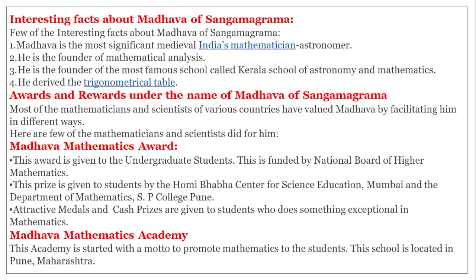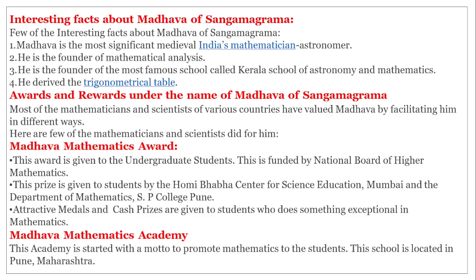Now some interesting facts about Madhava. Madhava is the most significant medieval Indian mathematician and astronomer. He is the founder of mathematical analysis. This idea of taking the sum of infinitely many numbers and still getting a finite number is typical to analysis.